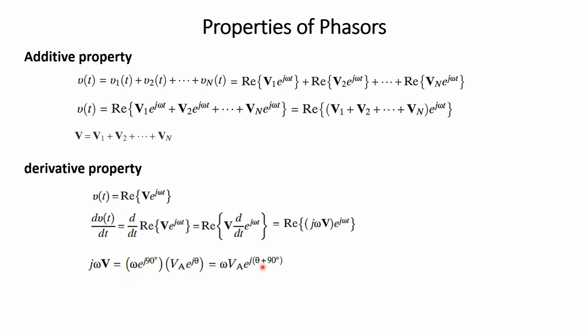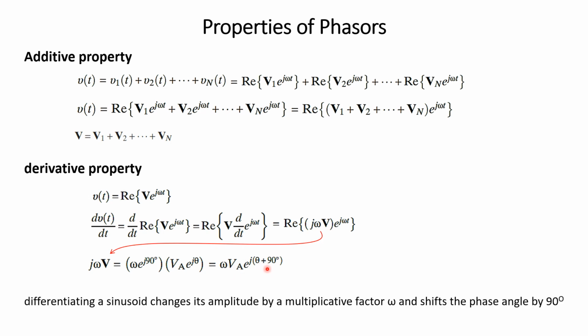And now proceed further, add this theta and 90 over here. So it means that due to the differentiation, we have a multiplicative factor of omega and an additive factor in the phase angle of 90 degrees.